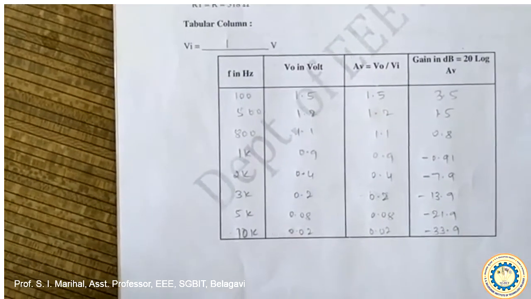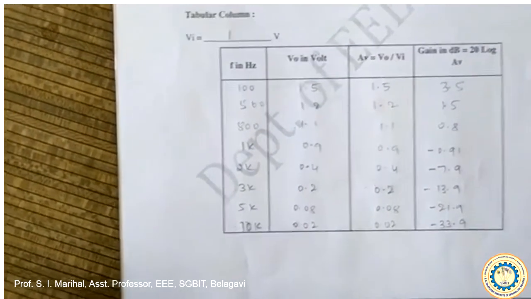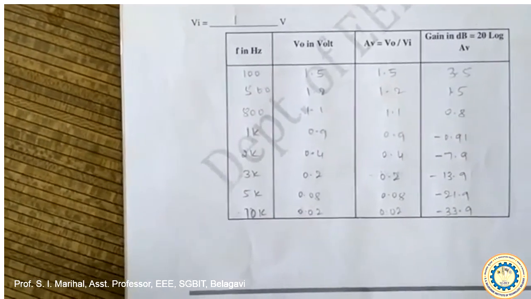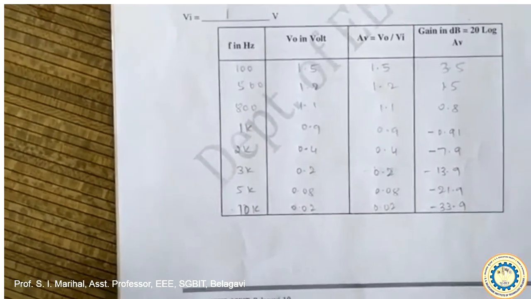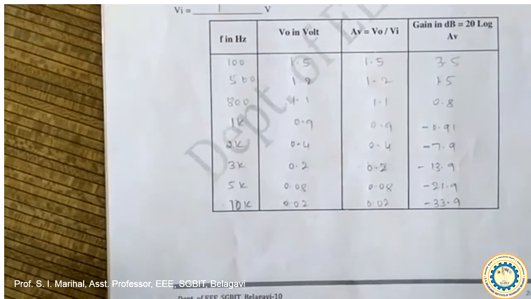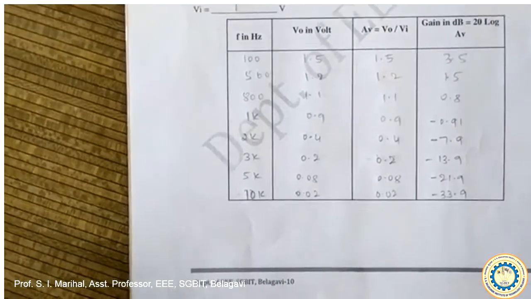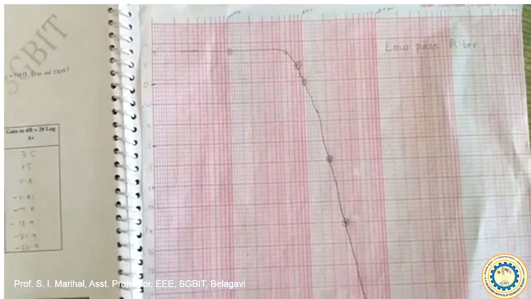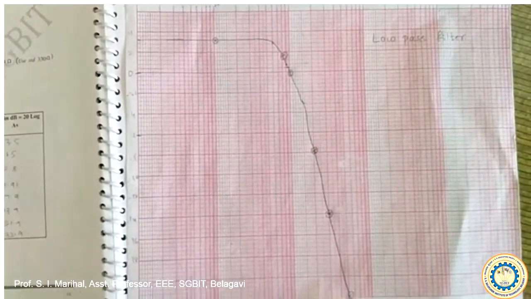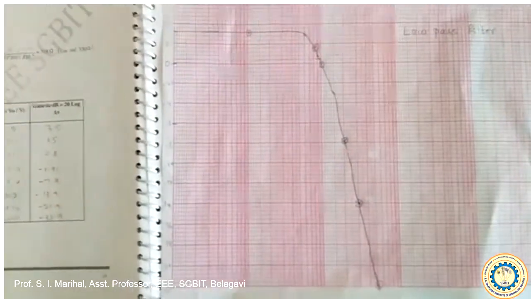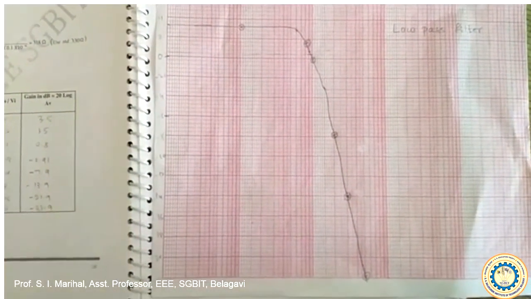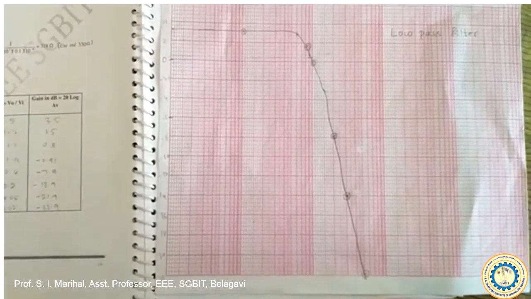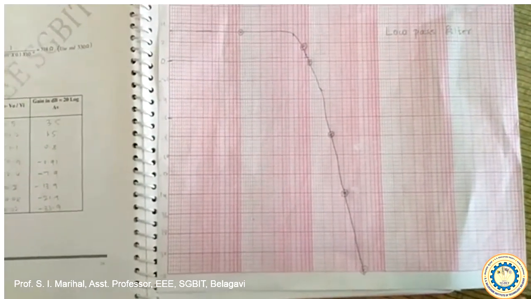So I have varied the frequency from 100 Hertz to 10 kilohertz, and for that I got the output voltage and gain as shown in the tabular column. Using these tabular column values, I have plotted the graph of the frequency response on a logarithmic scale. We have to use a logarithmic graph sheet to plot the frequency response of the filters.